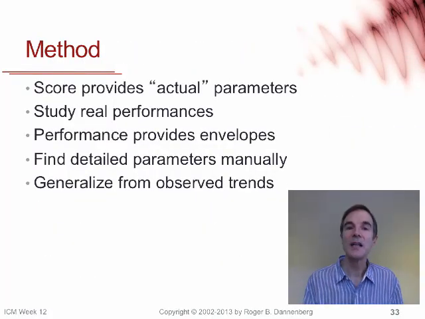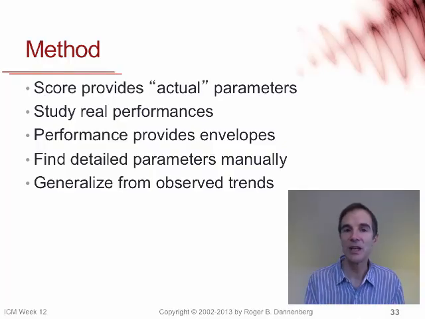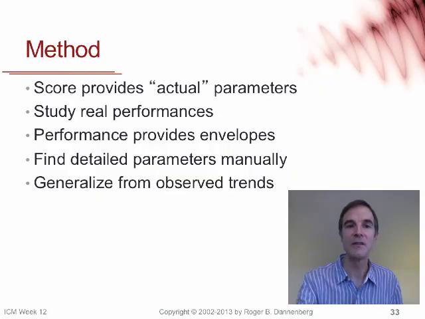The score provides these actual parameters, and we study real performances to derive envelopes. And in our first work, we actually found these detailed parameters for these envelopes manually. And then, given the parameters and a lot of data, we looked at it and looked for trends. And we tried to generalize these observed trends to come up with some rules for designing envelopes.